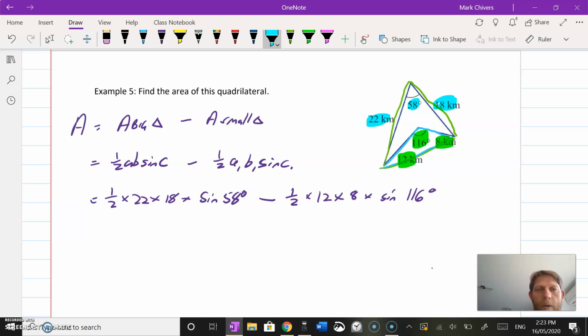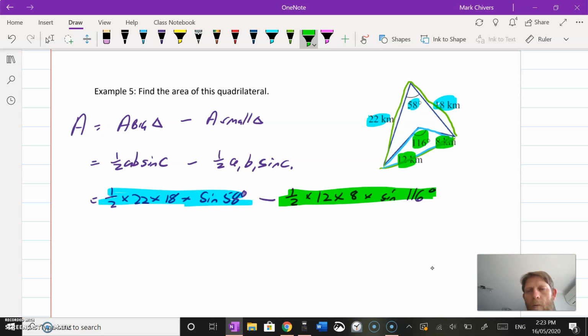Just to make that absolutely clear, there's our big triangle right there, and there's our small triangle right there. That's the colours I've used for the highlighting. So what we've ended up with is we'll work out the area of that big triangle, take away the small triangle, but we can do that in the calculator in one go rather than having to break it all up.